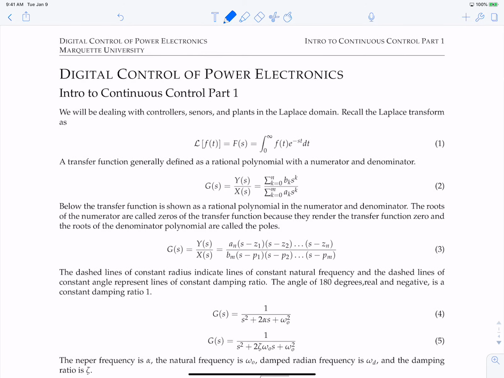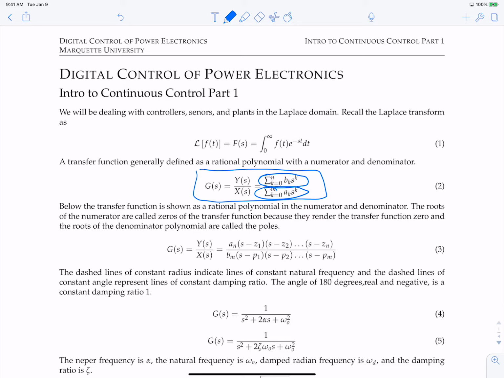Now, what we're going to deal with a lot when designing controls in control systems is dealing with transfer functions in the S domain. A lot of times we're going to get rational polynomials as fractions like this. You have X(s), which is generally your input, Y(s), which is your output, and G(s) is your transfer function from input to output. On both the numerator and denominator you get rational polynomials of s.